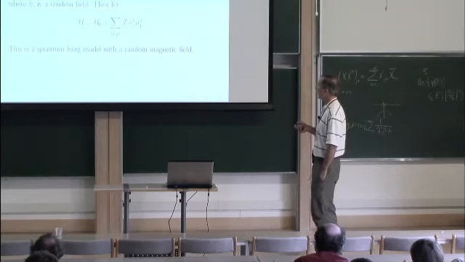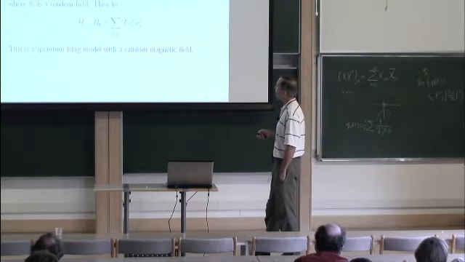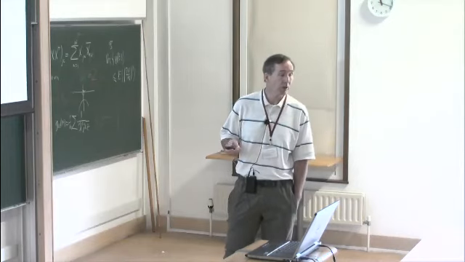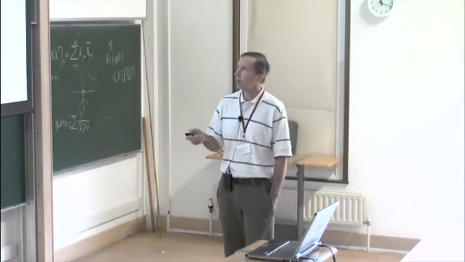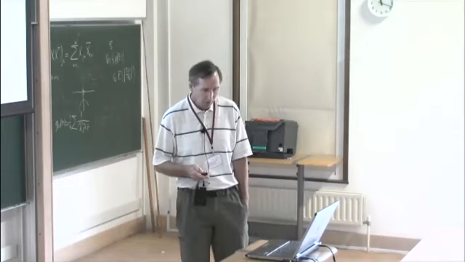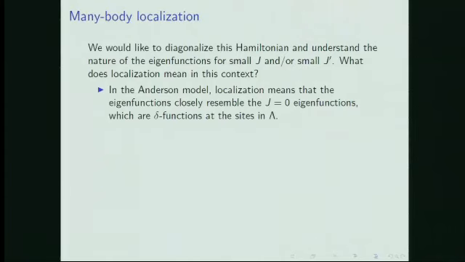How can we adjust the default basis in which you're working so that the overall Hamiltonian becomes diagonal? Okay, and we're discussing localization. Now, everyone here, I'm sure, is familiar with the idea of localization in the context of the Anderson model.